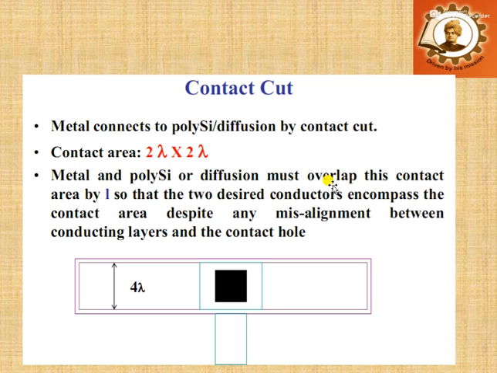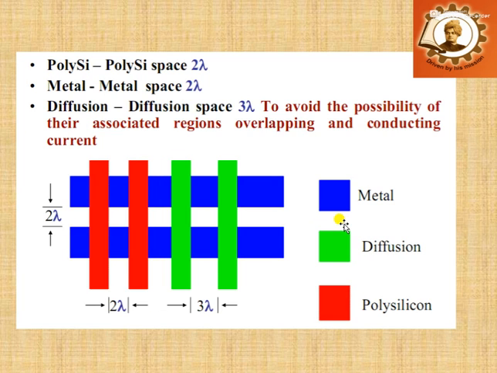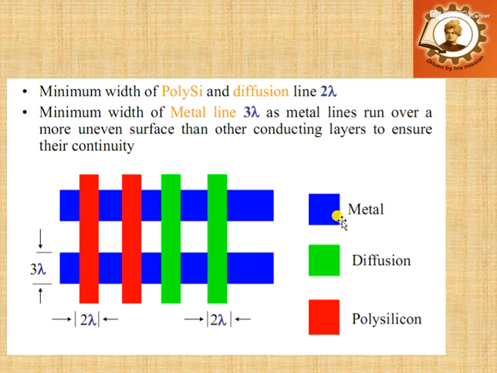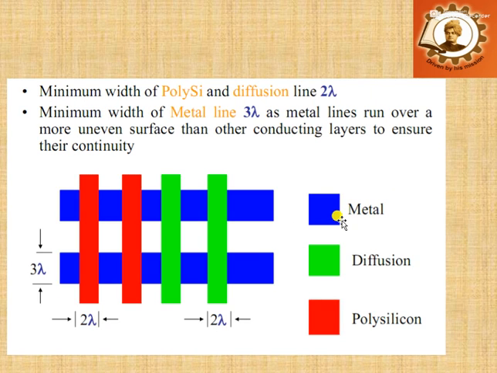These are the rules you have to follow while drawing a layout. It's very difficult to remember, but if you know the stick diagram, first you draw your stick diagram and apply the design rules to that stick diagram, and that will turn into your layout.